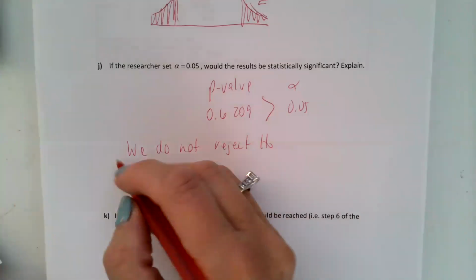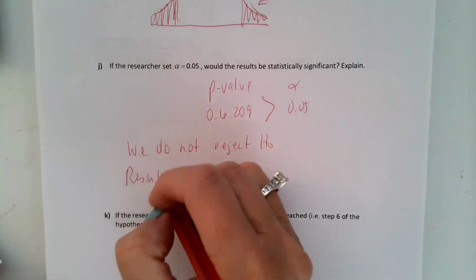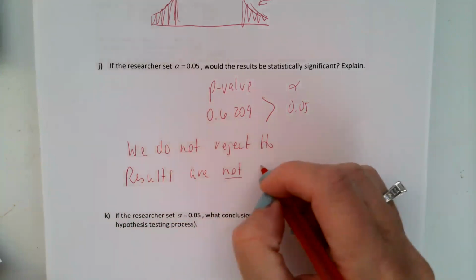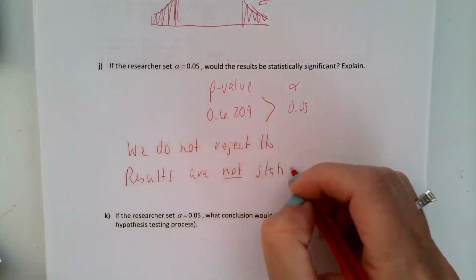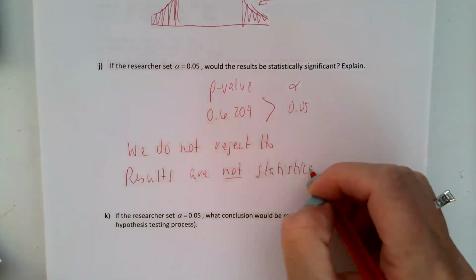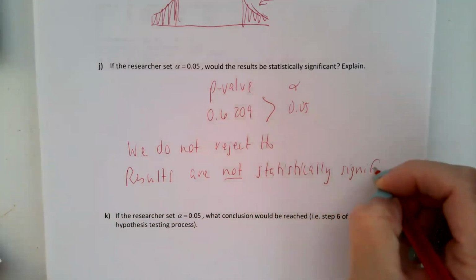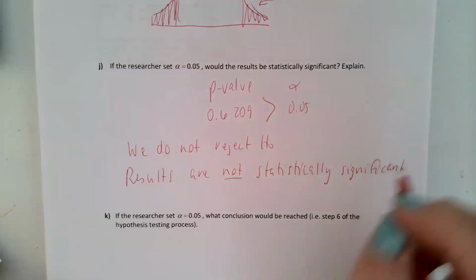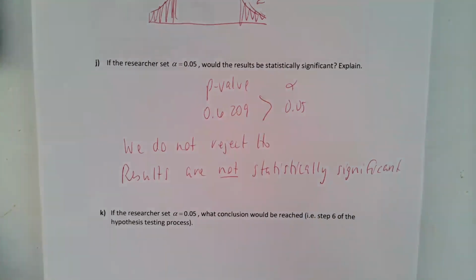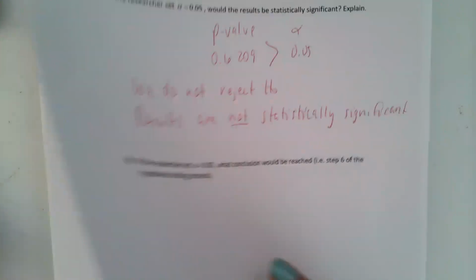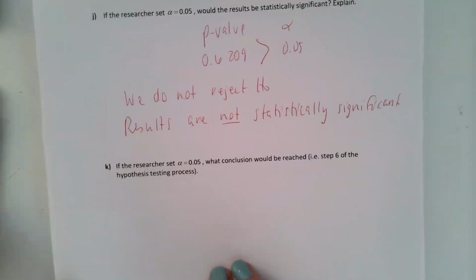So results are not statistically significant. And then it says if the researcher set alpha at 0.05, what conclusion would be reached? So that would be our step 6 here. Okay.